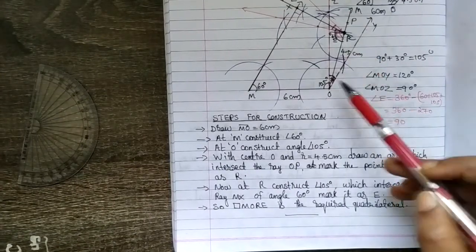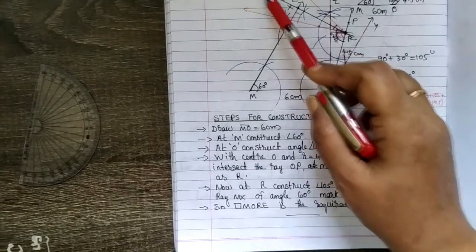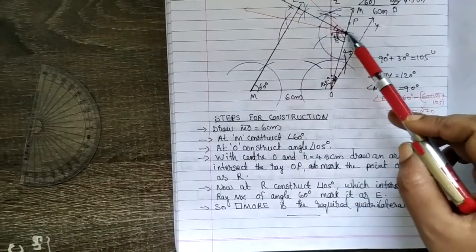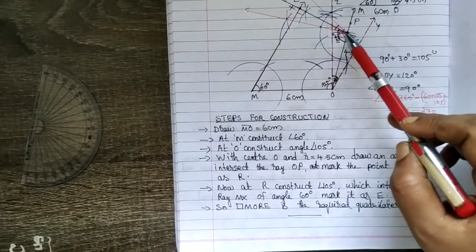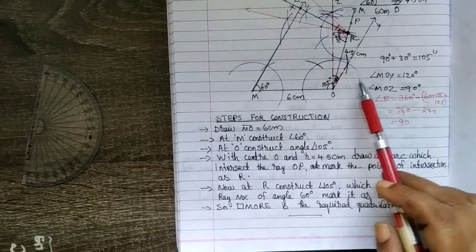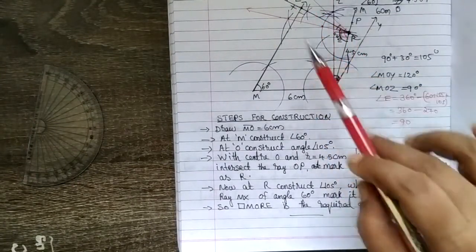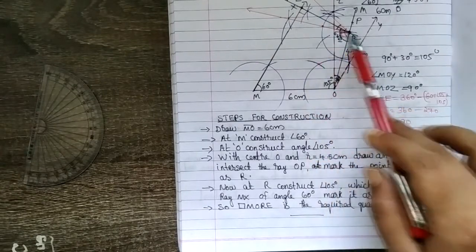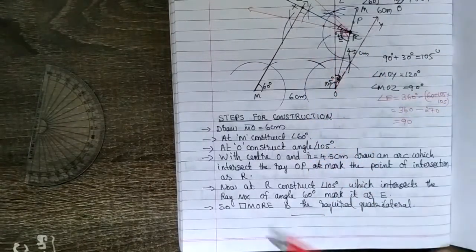Now turn the book, and at R you have to construct angle 105 degree. That is, using black pen I have drawn angle 105 degree. In the same way, first we have to construct angle 120 degree, then angle 90 degree, then bisect this angle, and we will get the angle 105 degree.